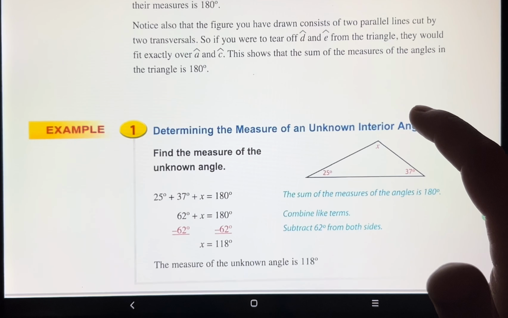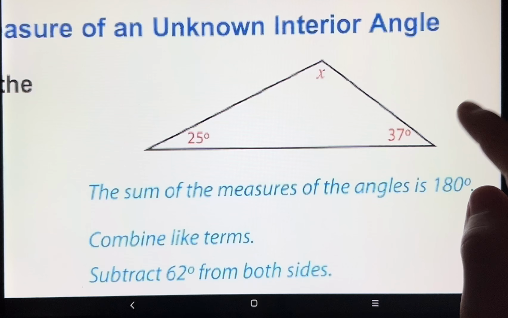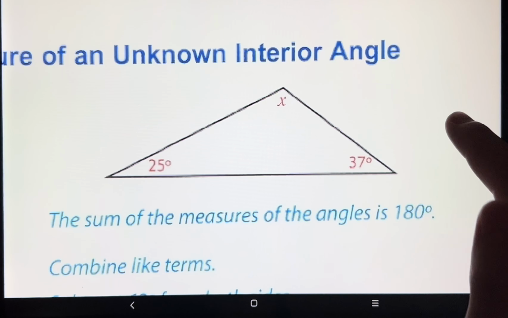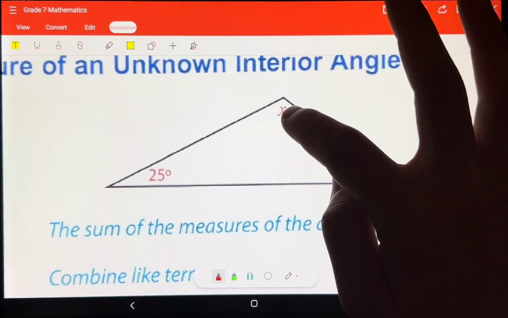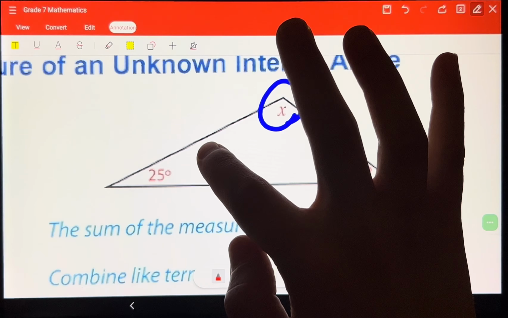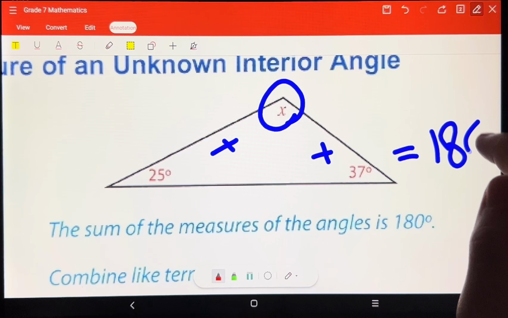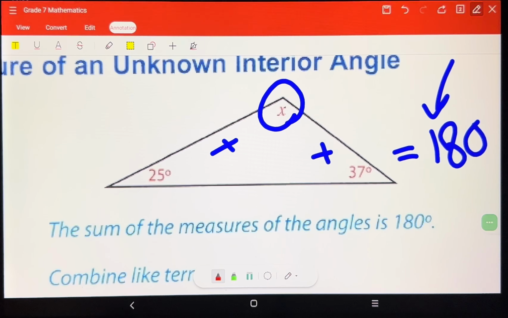Look at this example. To find the missing angle x, the shape is a triangle. So we say 25 plus x plus 37 equals 180, always. That's the sum of a triangle.